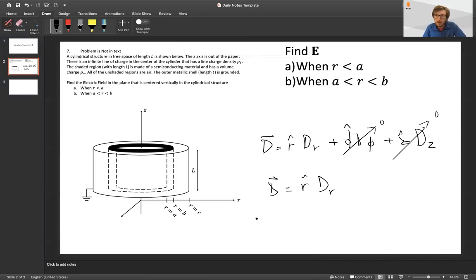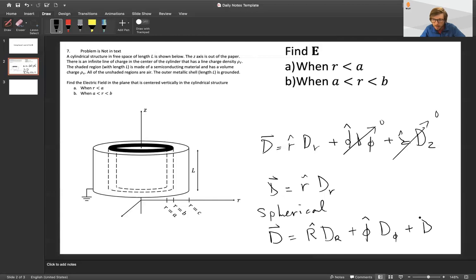If you're looking at a problem that was in spherical coordinates, we would start by considering the electric flux density, which could have an r direction, a phi direction, and a theta direction. And we would try to determine which one of these is also not changing.